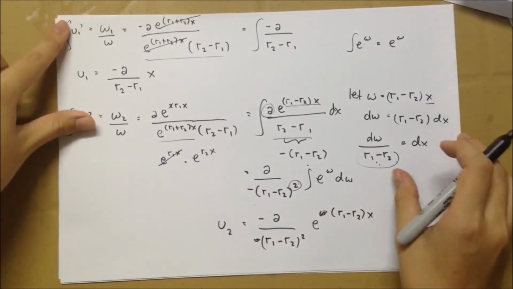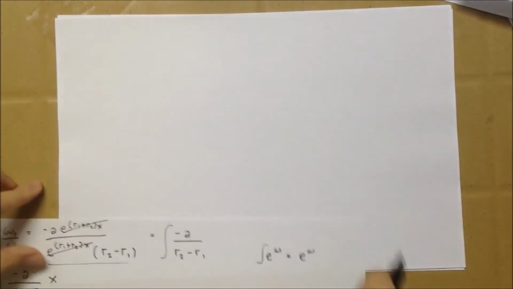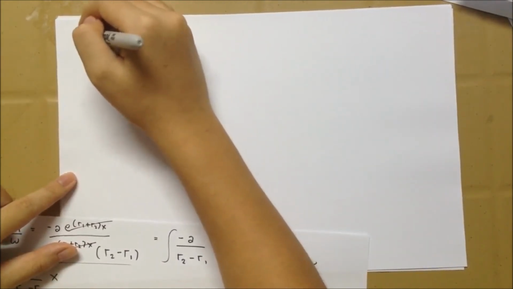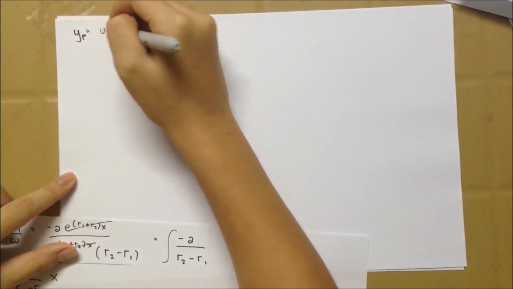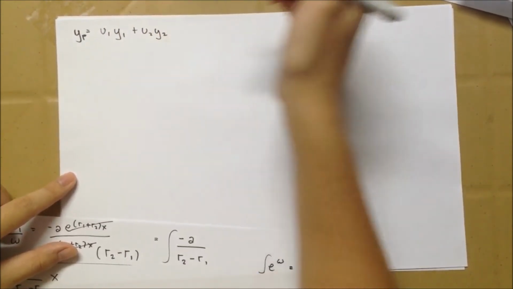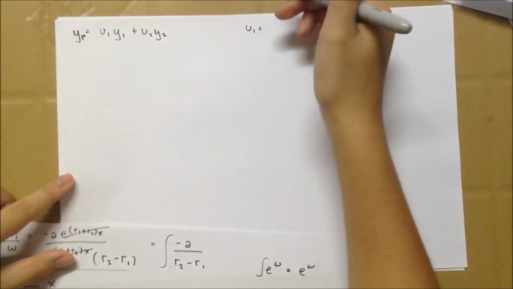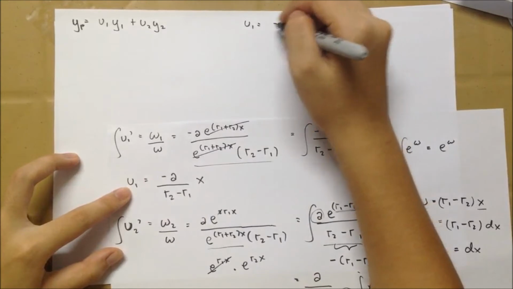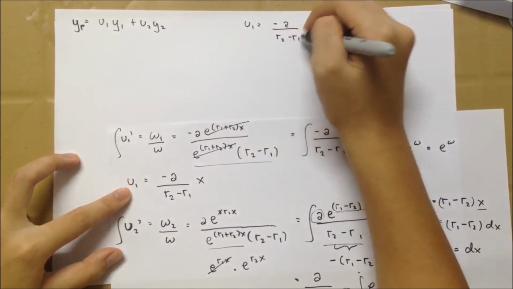Now, my particular solution yp takes the form u1 y1 plus u2 y2. My u1 from here is just negative a over r2 minus r1 x.